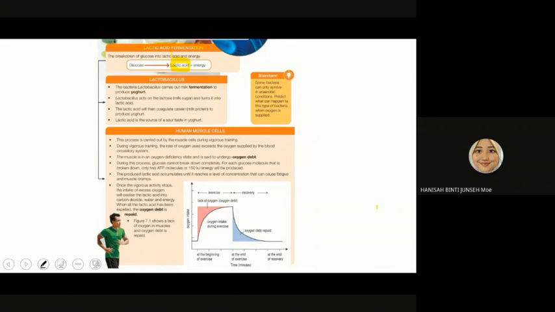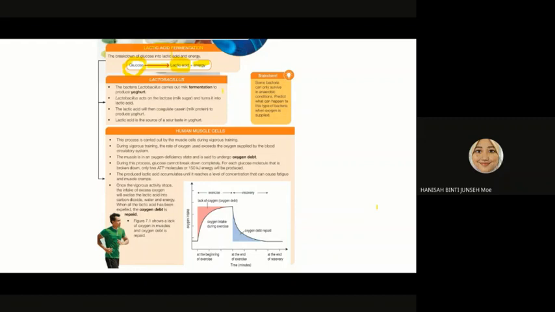This lactic acid fermentation is much simpler, because from glucose it will produce lactic acid and energy. Okay, lactic acid and energy.